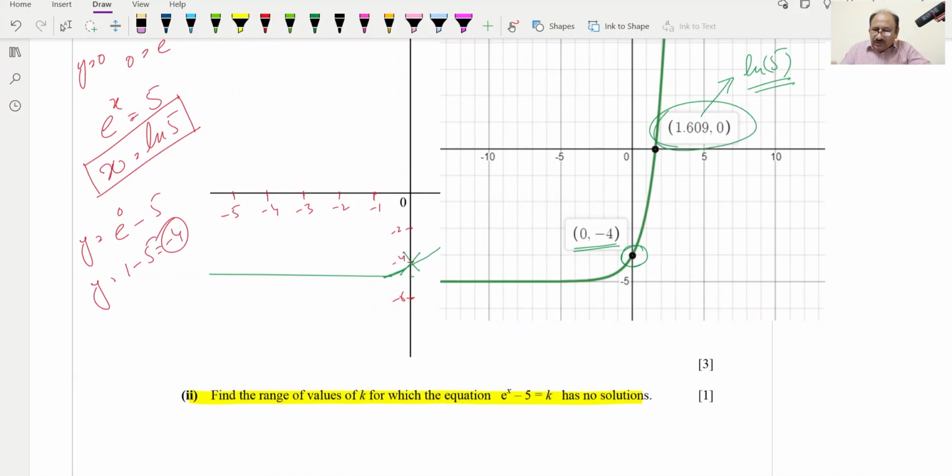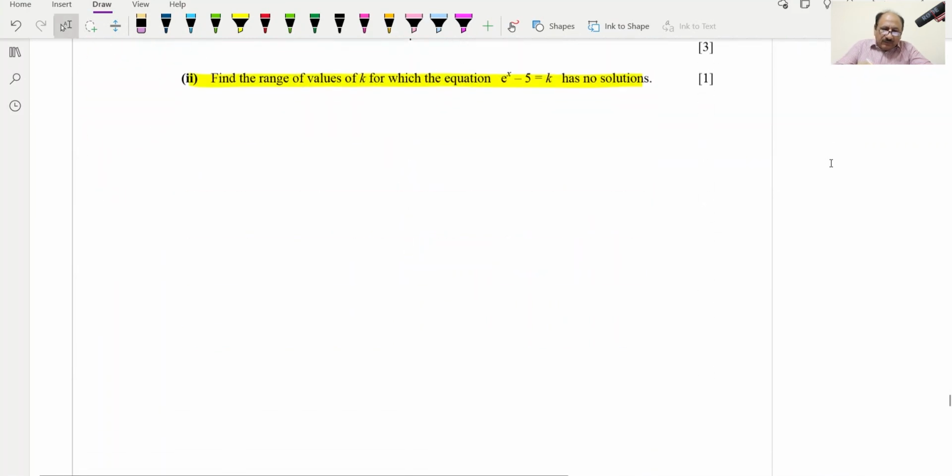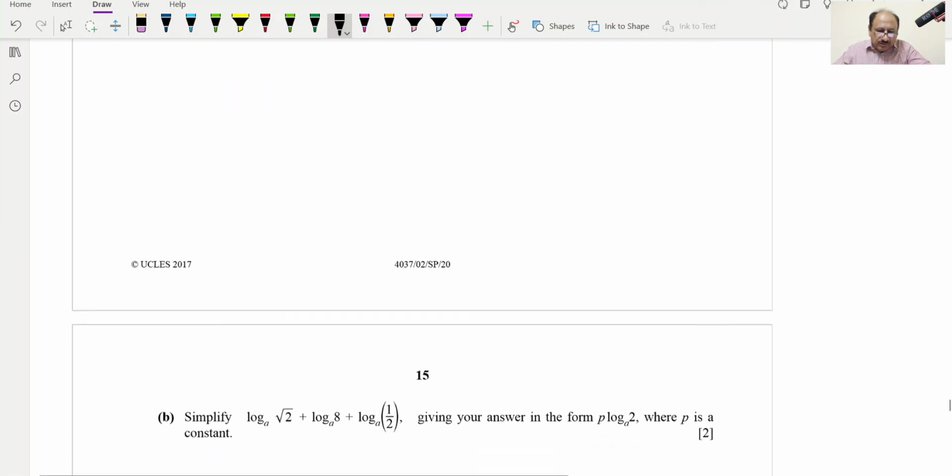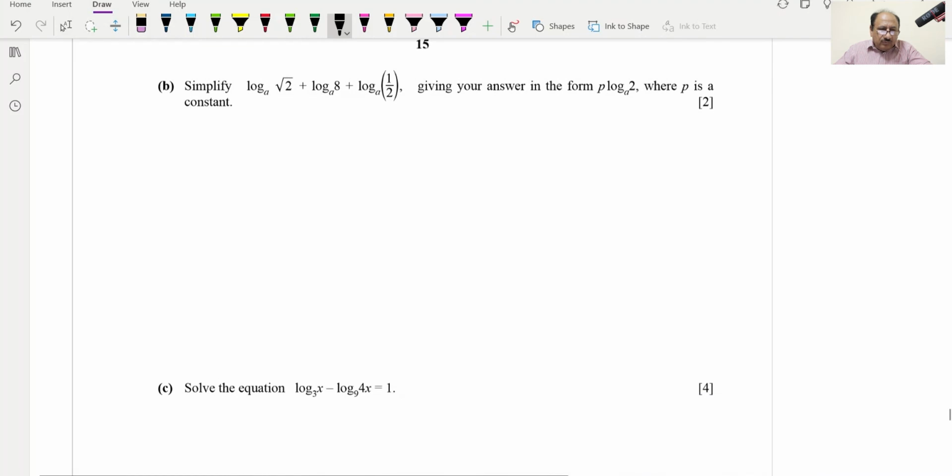So we will say that our k will be what? k will be less than or equal to -5. This will be the 1 mark answer for this question. Now we can move to the B part.